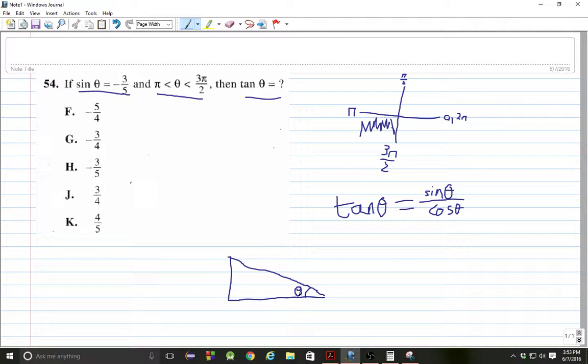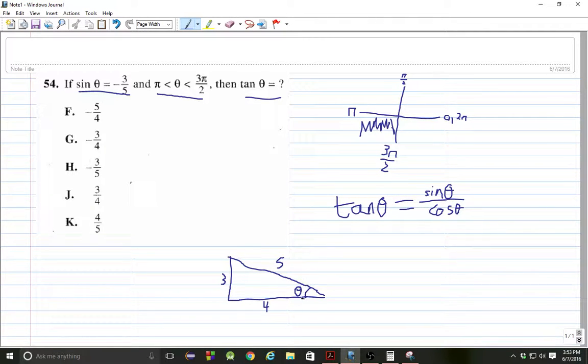Angle theta. So sine, which is opposite over hypotenuse, is negative 3/5. Well, then what's this side over here? Even though it doesn't really look like it, it's actually a 4. Based on Pythagorean theorem, you'll get a 4. So this is a 3, 4, 5 triangle.